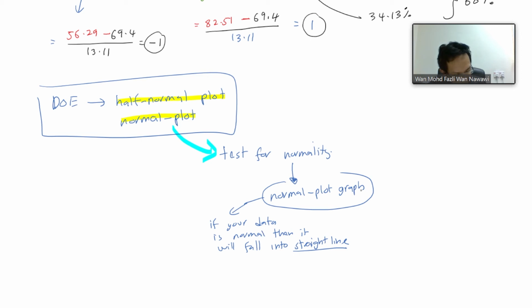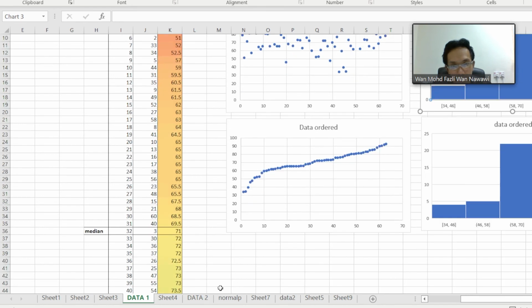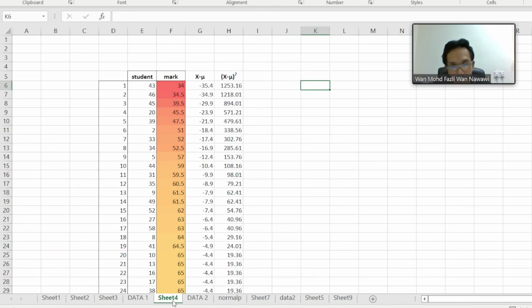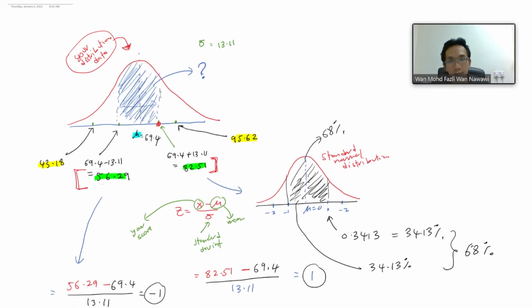So how to do the normal plot is basically you take this data. Okay, so where is this thing? Okay, let me go here. You see at the top here, we wanted to find the region of interest, the one that we did before.